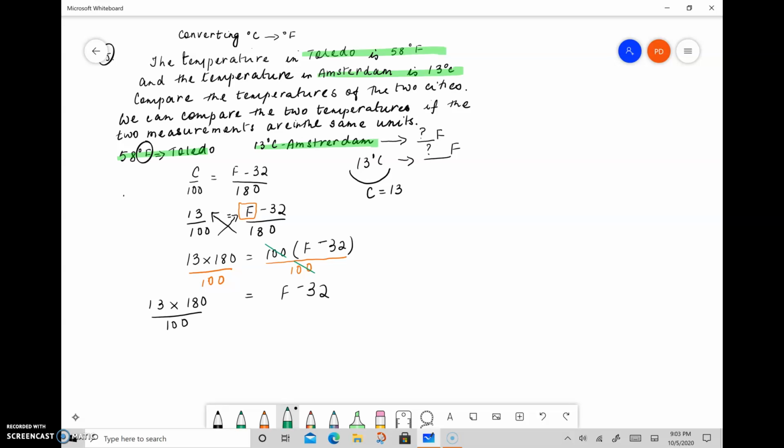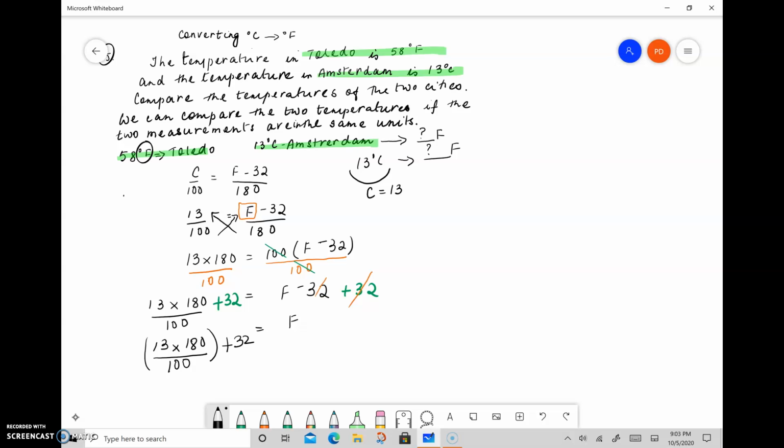Now we add 32 on both sides to get rid of the 32. Remember, we're trying to solve for F. So that leaves us with F equals 13 times 180 divided by 100 plus 32.